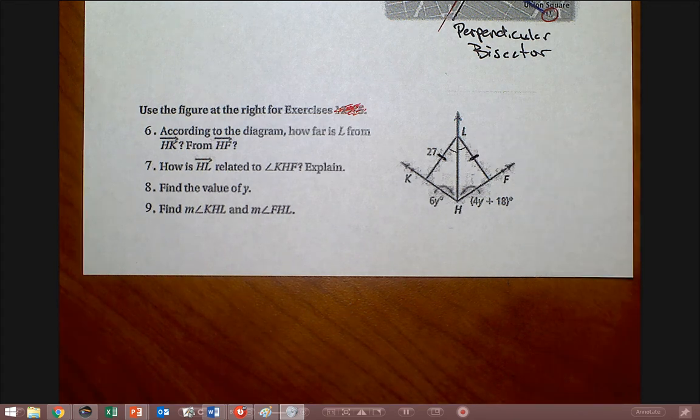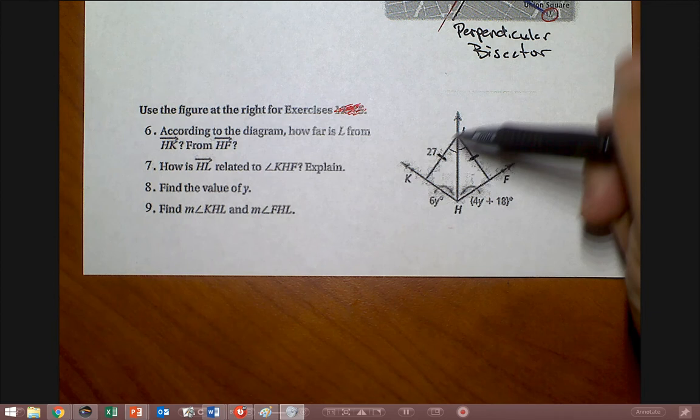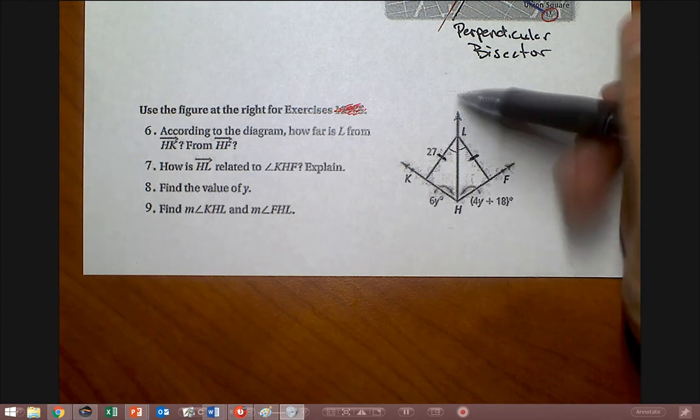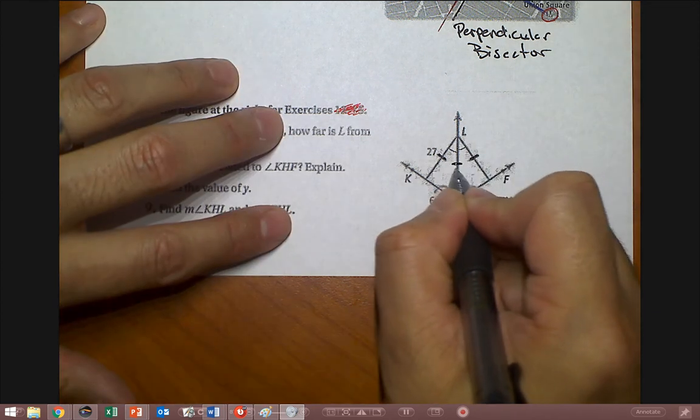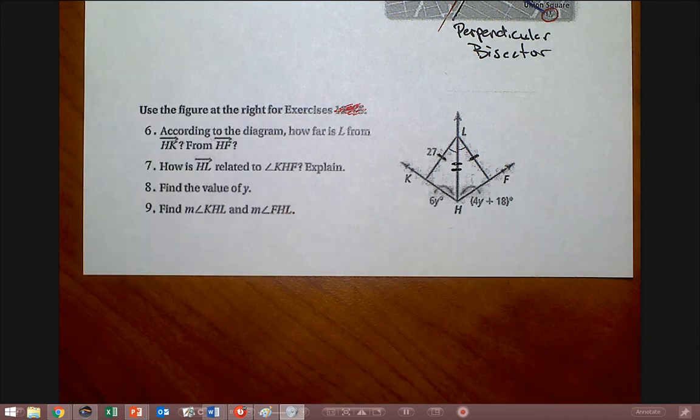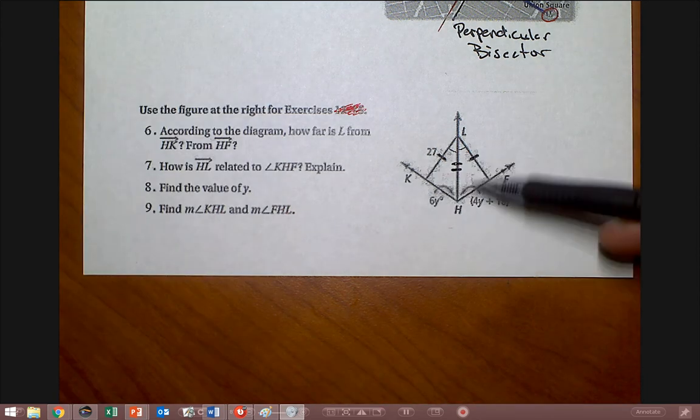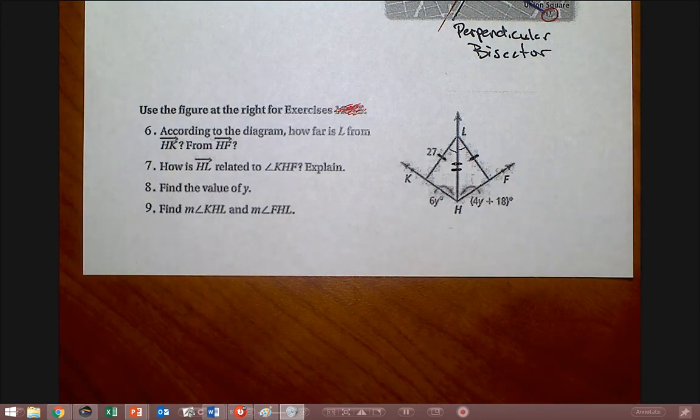Now, what is here but is not labeled? Very good. Reflexive again. They both share a side, so it's going to be reflexive again. So I'm going to put 2 tick marks there. Are these two triangles congruent to each other? Yes.